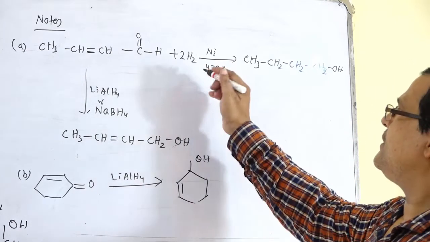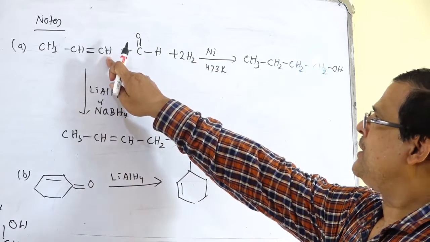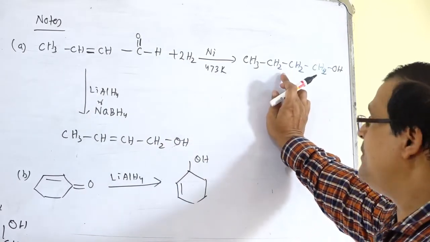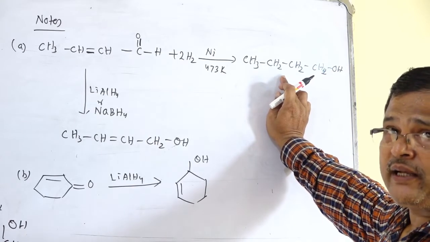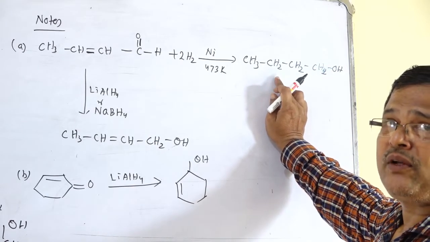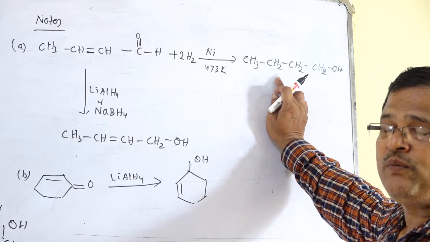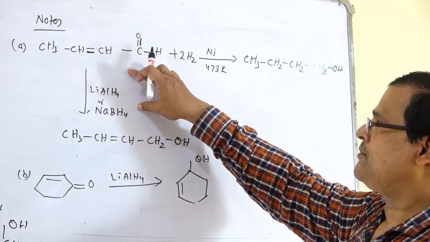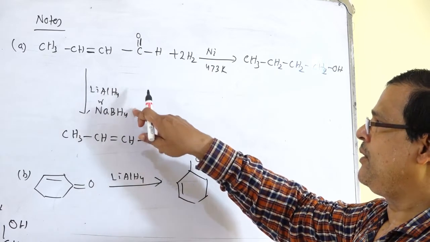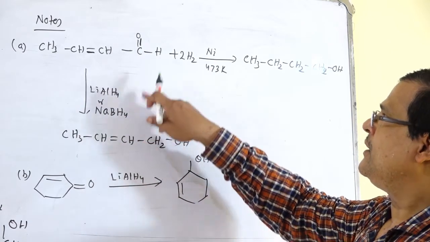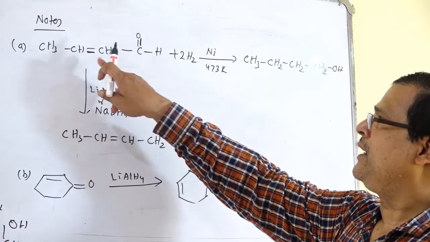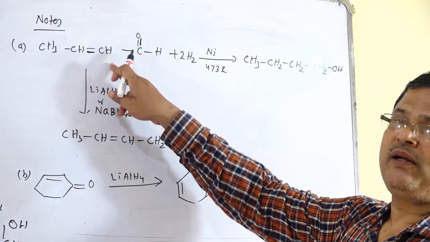Mark the difference. The same substance reduced with hydrogen in the presence of nickel forms this alcohol, where both the carbon-oxygen pi bond of the carbonyl group as well as the alkene pi bond break. But if the same substance is treated with lithium aluminum hydride or sodium borohydride, only the carbonyl bond is affected, keeping the carbon double bond intact.